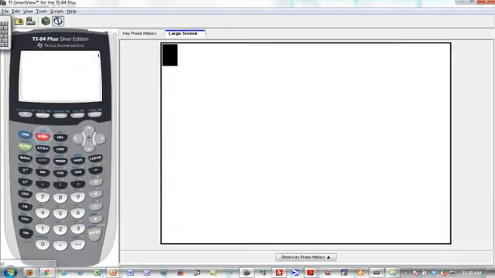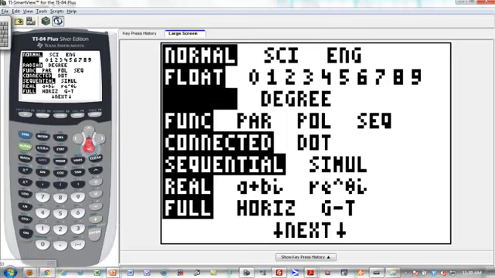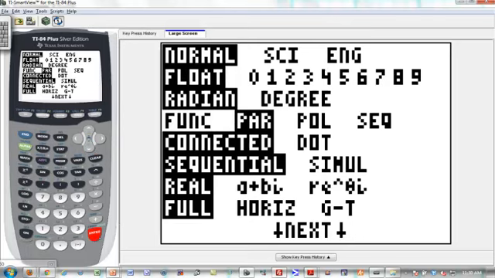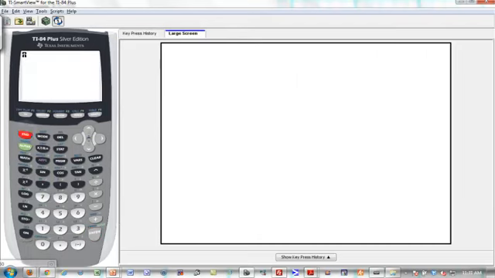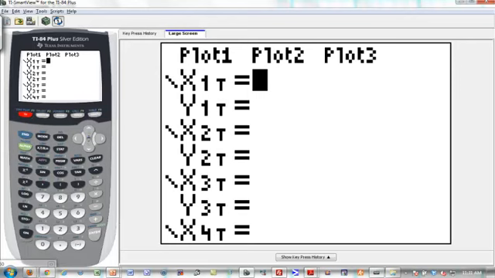Let me get in parametric mode. We can use our calculator. Well, I want to make a possibly interesting point. What was this, sine of t?